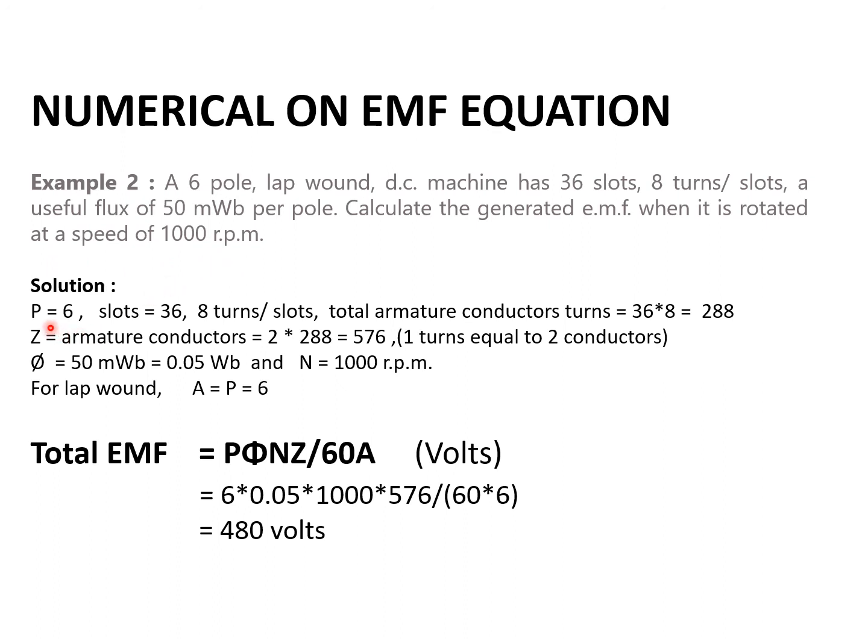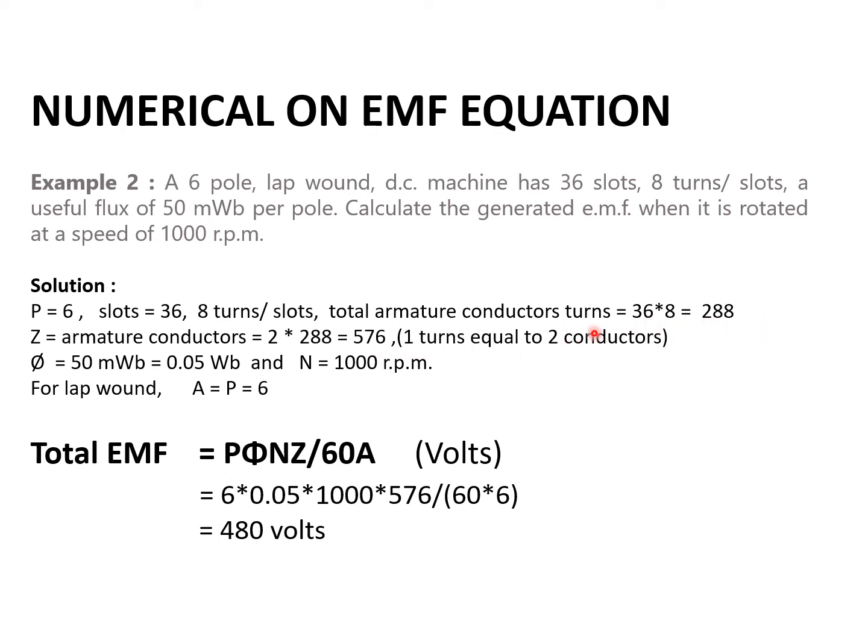P, the number of field poles, is 6. Lap wound is given. Slots are 36 and 8 turns per slot. How many armature turns in total? You multiply 8 into 36, so the total number of armature turns is 288.